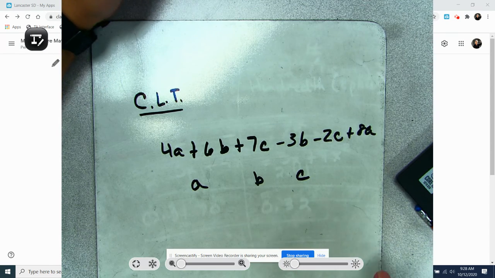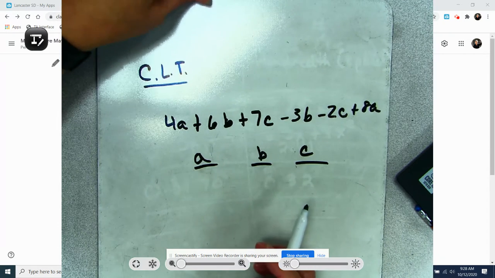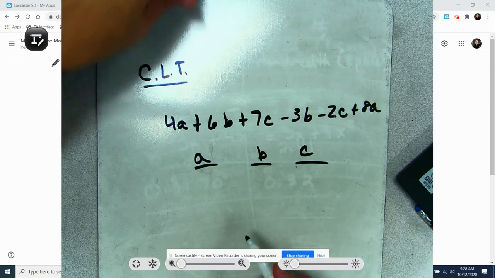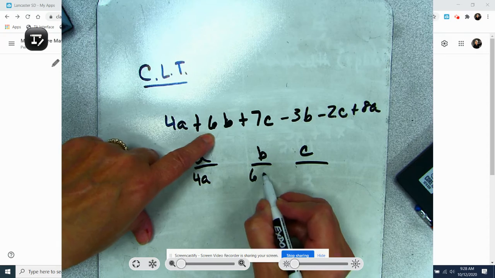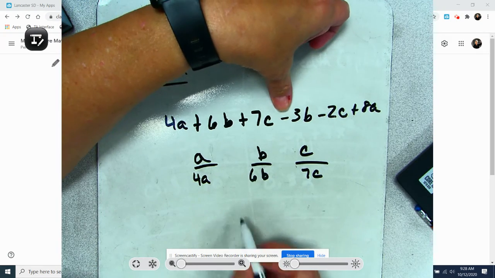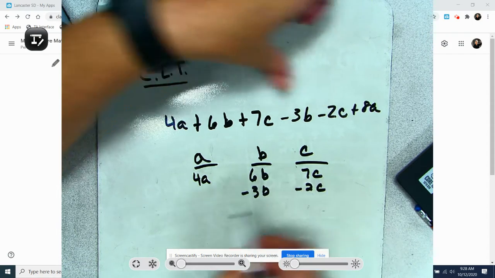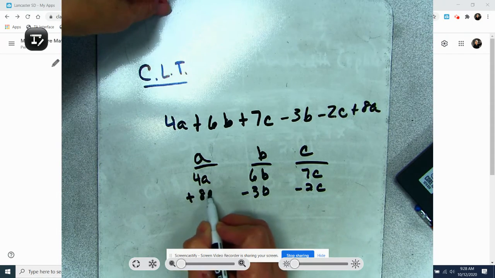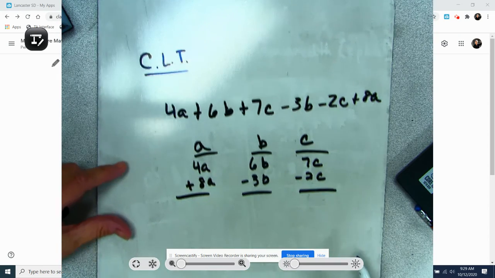So keep in mind, when you give me your answer it should be in alphabetical order. So variables should be listed according to what you have. But I have 4a, I have 6b, I have 7c, I have negative 3b, I have negative 2c, and I have a positive 8a. So I can add these together to get my final answer.